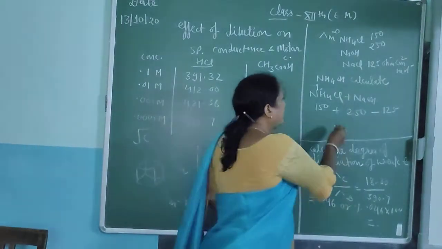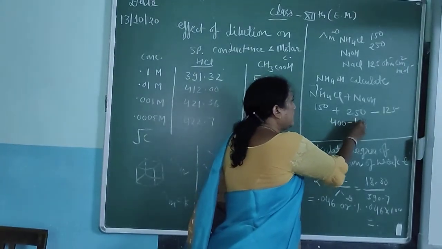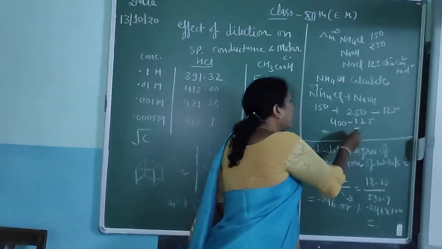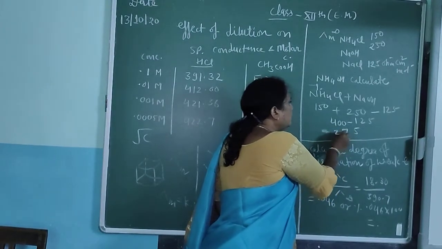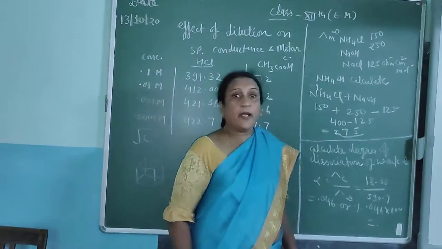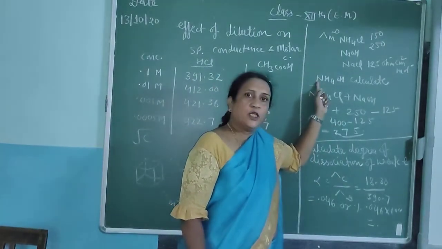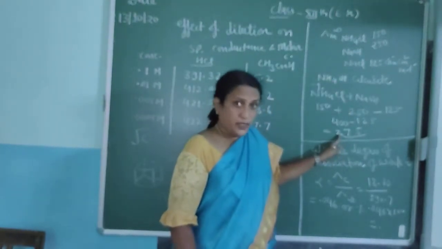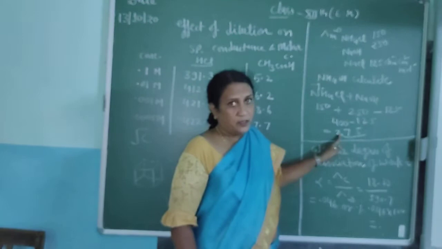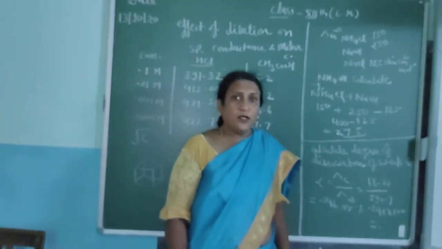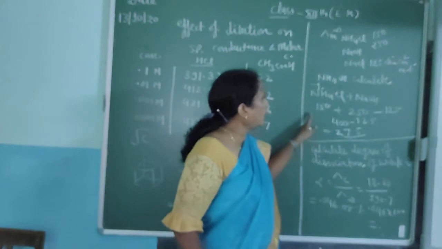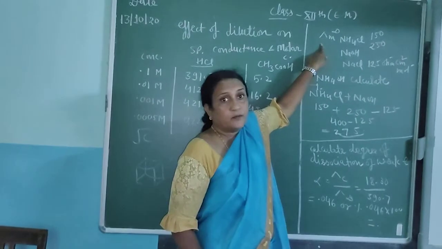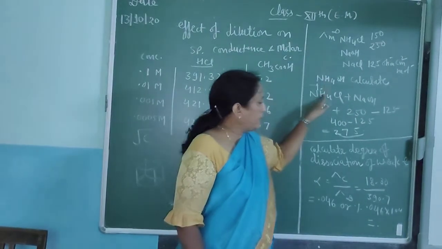Okay, that is 400 minus 125, that will be equal to 275. So the conduction of ammonium hydroxide will be 275 ohm inverse centimeter square mole inverse. So that is the first application of Kohlrausch law, to calculate the molar or equivalent conductance of a weak electrolyte with the help of molar conductance of strong electrolytes.